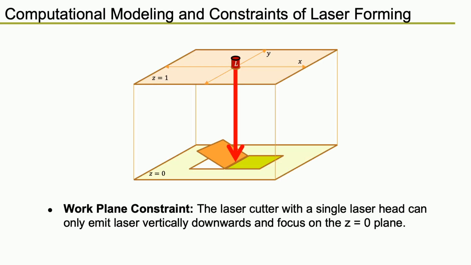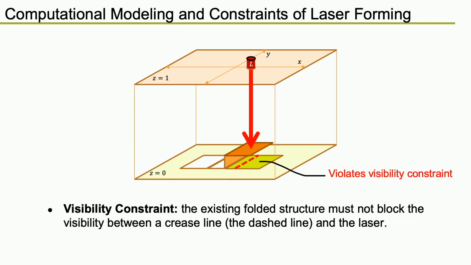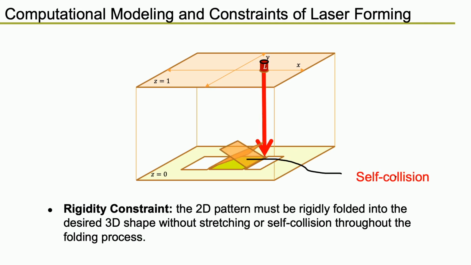The laser marker with a single laser head can translate on a 2D plane, z equals 1, and can only emit laser vertically downward and focus on the z equals 0 plane, which causes what we call the work plane constraint. There's also a visibility constraint that existing folded structure must not block the visibility between a crease line and the laser, as the dashed line shown in the picture.